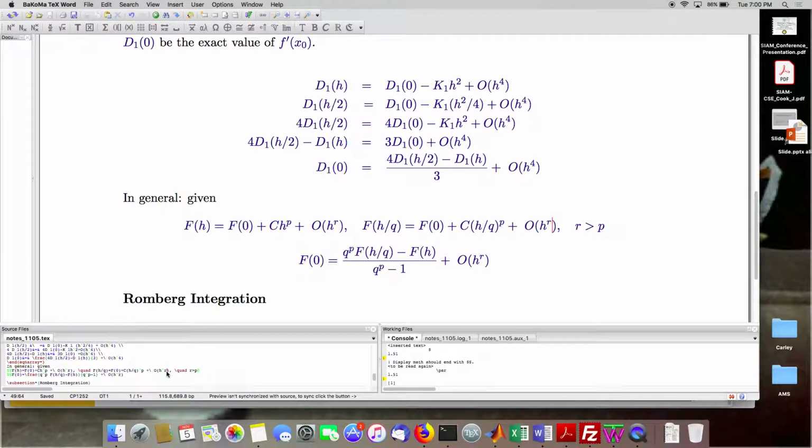All right. Now, returning to the example that I had.